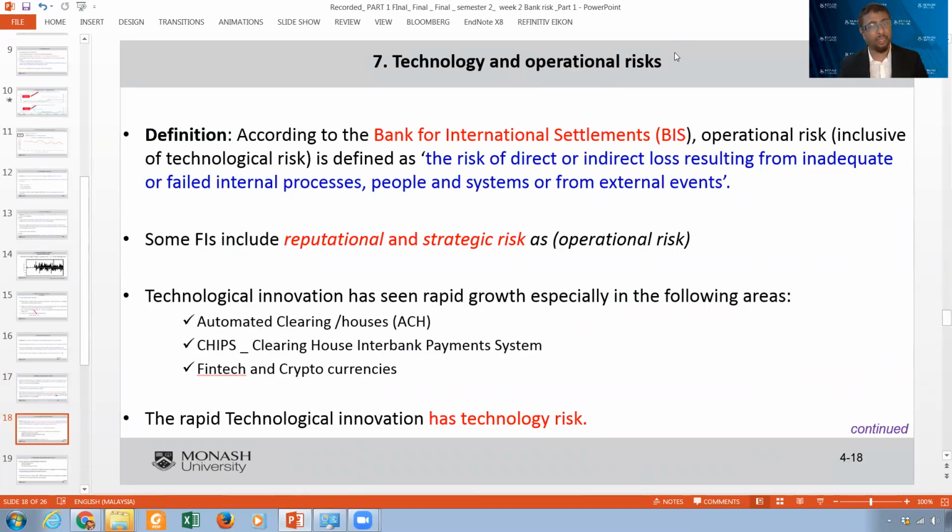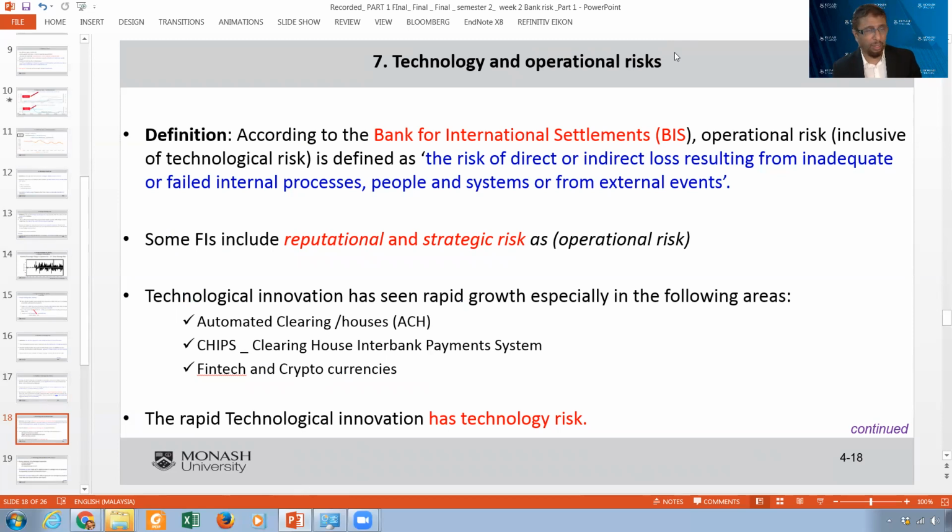Technology and operational risk. This is a very interesting risk, and it actually comes from the failure of the systems or the people. We have many systems inside the bank that depend on technology.